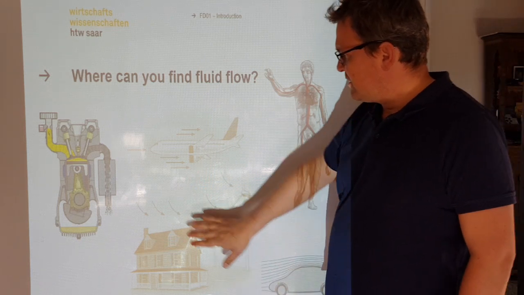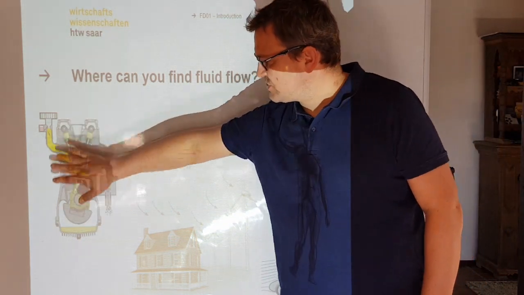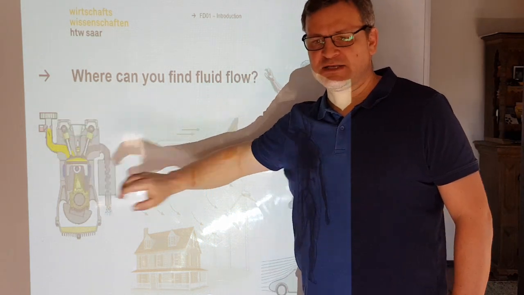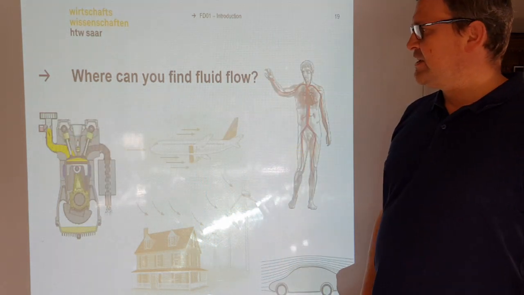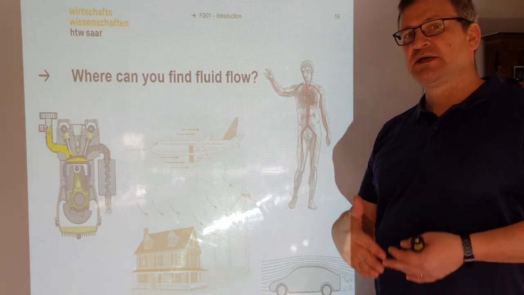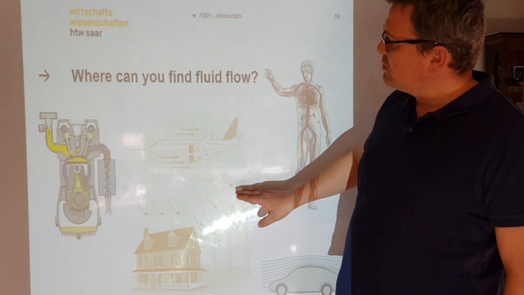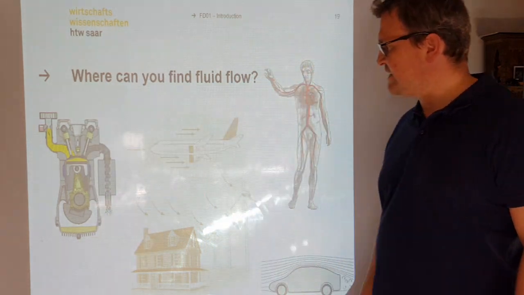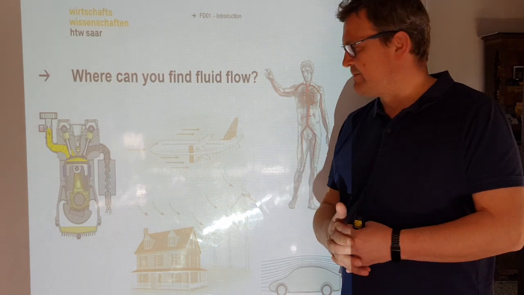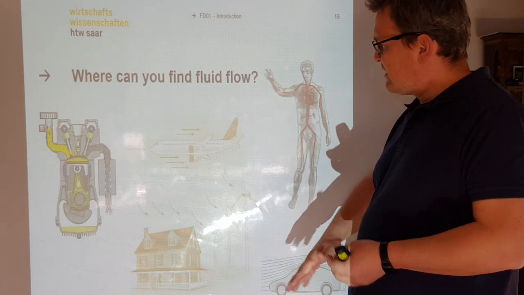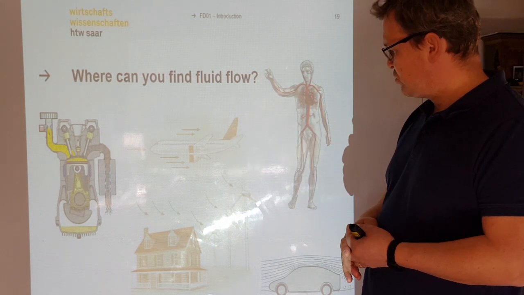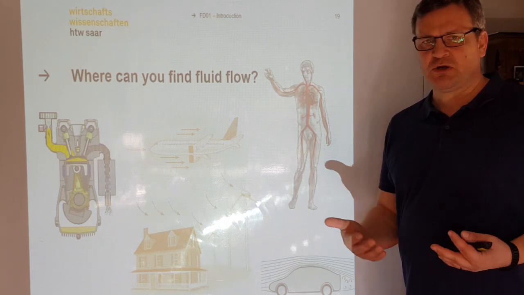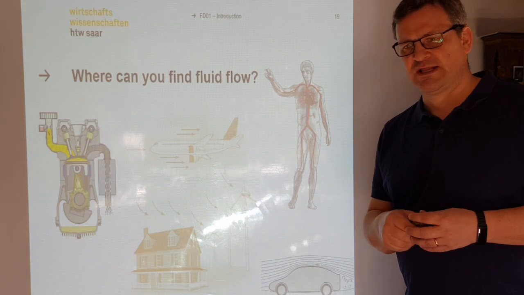Or if you look at this piston engine, the fluid flow of gas inside the piston engine has to be calculated, has to be examined, or even the fluid flow of diesel or gasoline fuel into the cylinder deals with fluid dynamics. Or for example, an airplane or windmill or car geometry, that's all topics of fluid dynamics.